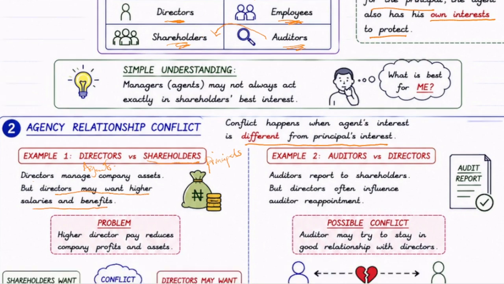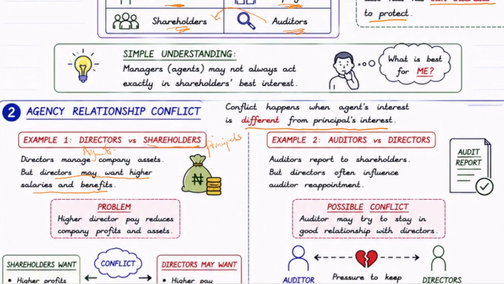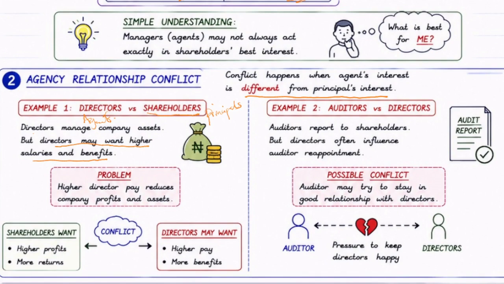Now, what is the problem here? Higher director pay reduces company profit and assets. So shareholders want higher profits, more returns. Directors want higher pay, more benefits. You see that there is a conflict in the interest of both shareholders and the directors, that is the principal and the agent. Do you understand?